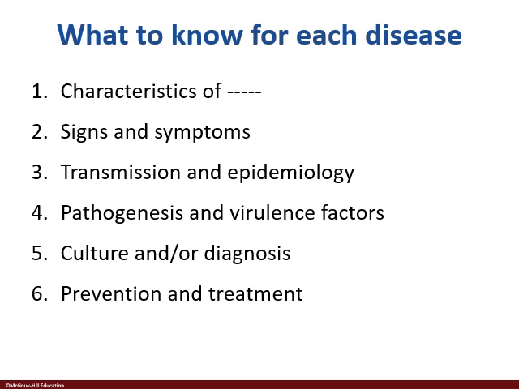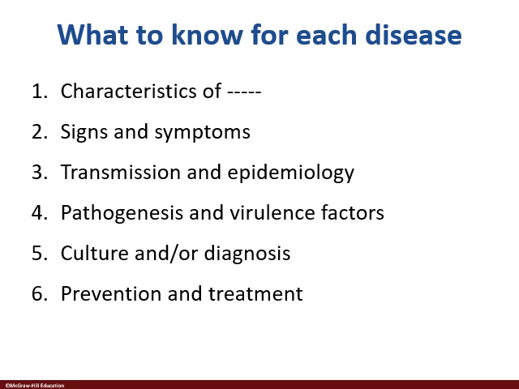The pathogenesis and virulence factor, we're going to be looking at what's causing the severity of the disease. Which virulence factors? Is there some enzyme, some mechanism that's allowing this bacteria, this virus, to do more damage, which makes the disease more pathogenic?